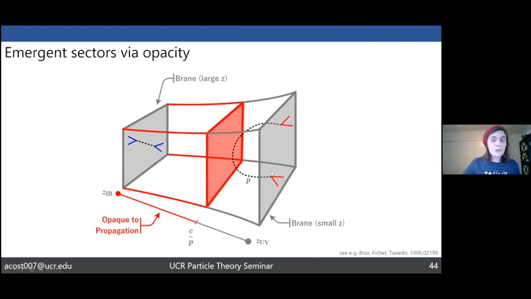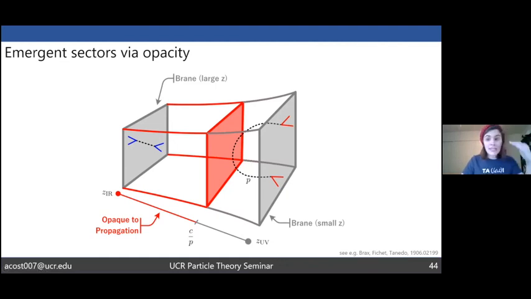When the standard model, or whatever field is on this brane, produces a bulk particle with four-momentum p, where p is like the square root of s because we're in the time-like region, if p is large enough, then this red region can be very close to this brane, and so the bulk particles produced can never make it over here, where maybe some part of the dark sector lives.